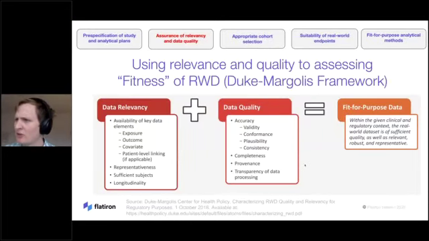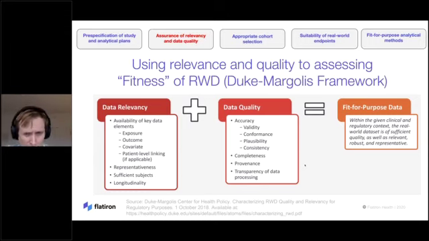So Rebecca mentioned this in the first presentation, this idea of fit for purpose data. We're using this framework that was developed by the Duke Margolis Center for Health Policy, which does a lot of work in partnership with FDA, as well as collaboration with a number of groups, including Flatiron, to come up with standardized ways to measure data quality and to measure fitness for use.